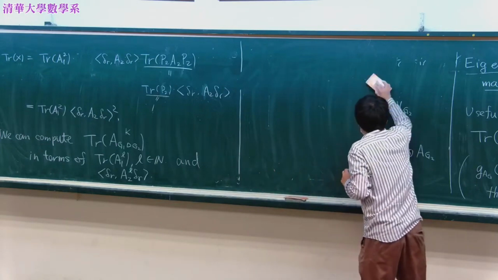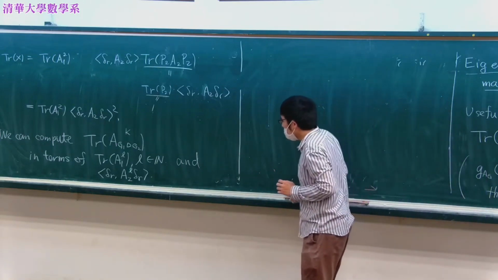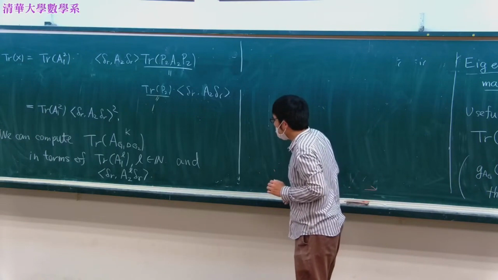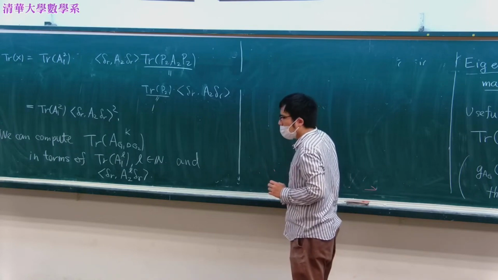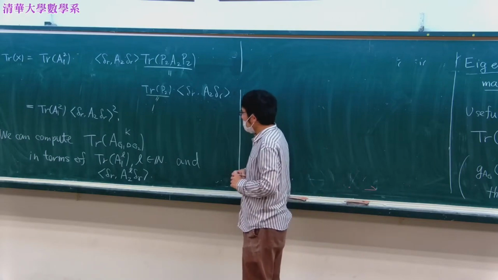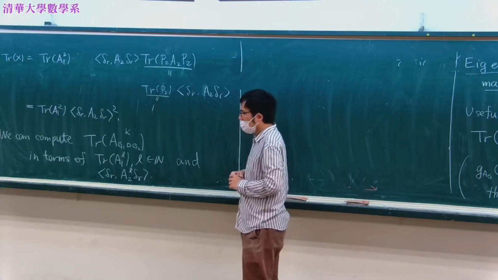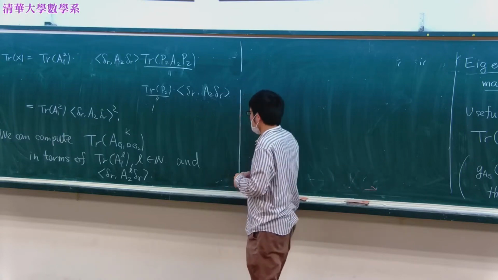Suppose k is fixed; for L, we need to compute the trace up to k. When k is 4, we just need to know the second moment and A2 to the second. So L has to be less than or equal to k in general.